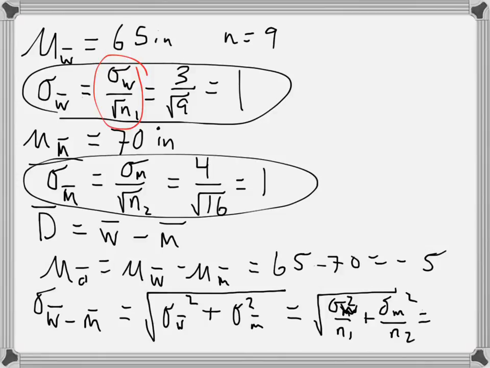The numbers we calculated were 1 and 1, so the square root of 1 plus 1 is the square root of 2.